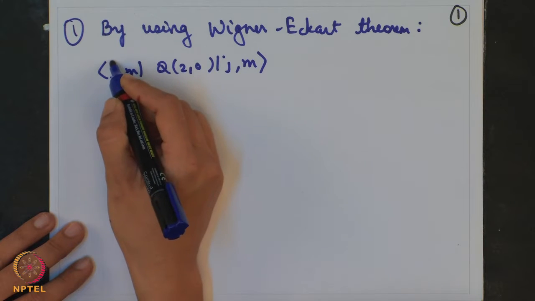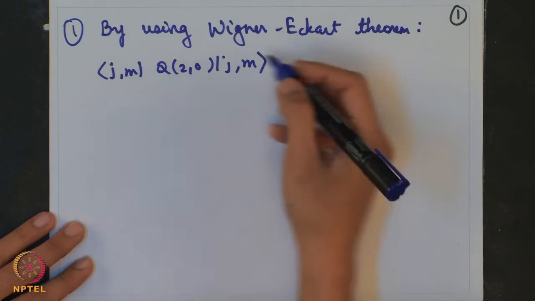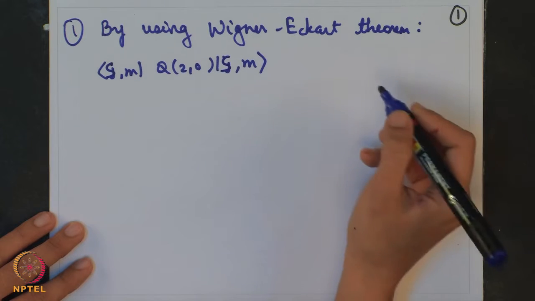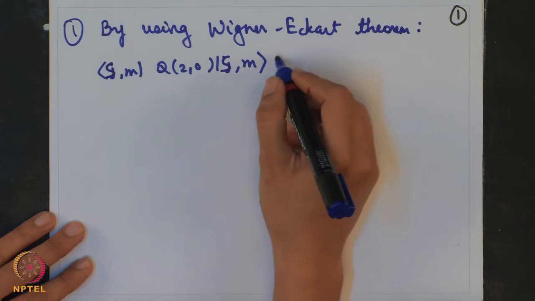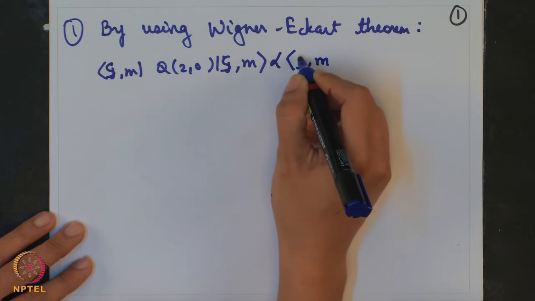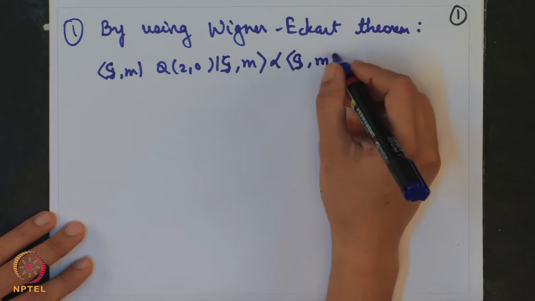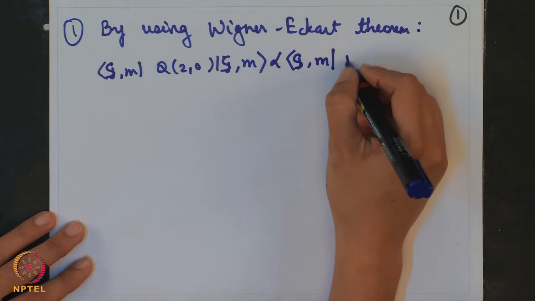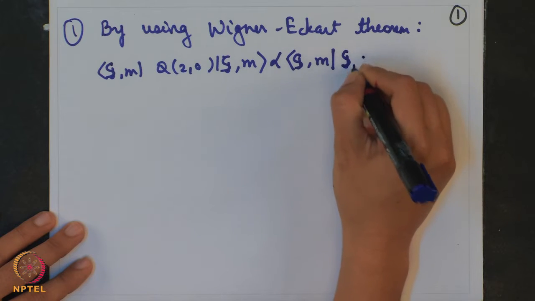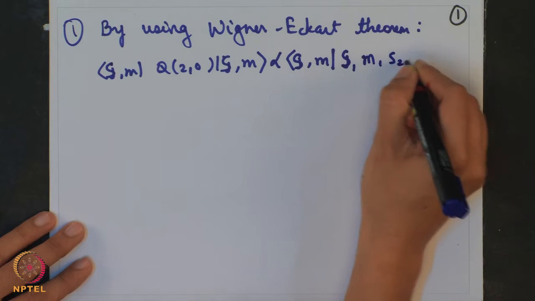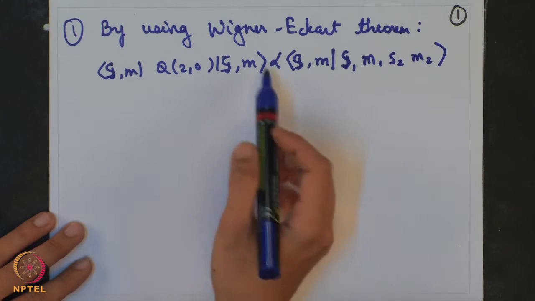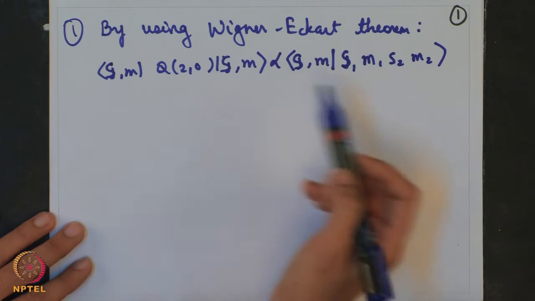I am just writing it as J comma M; it is a spin state, so S comma M. This will be proportional to the CG coefficient with S1, M1, S2, M2, since we can write the Wigner-Eckart theorem in terms of it.